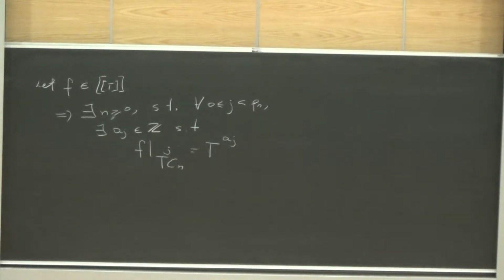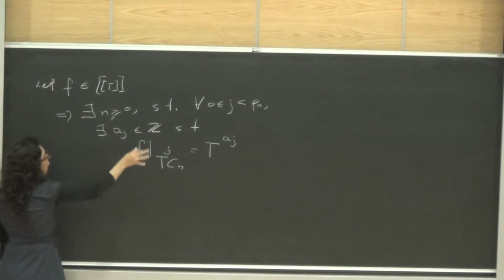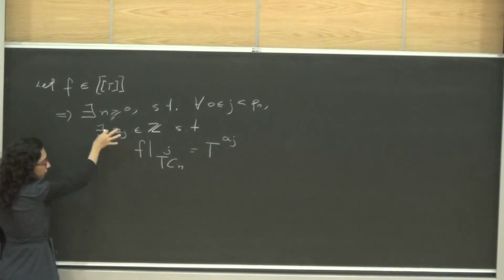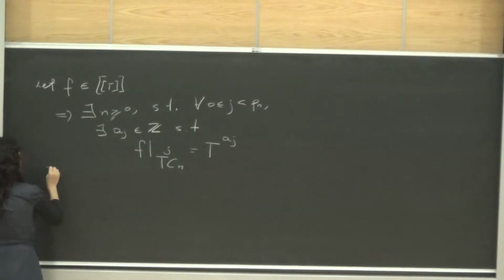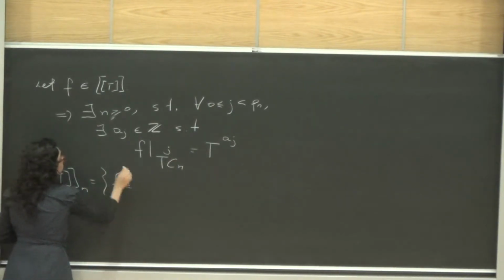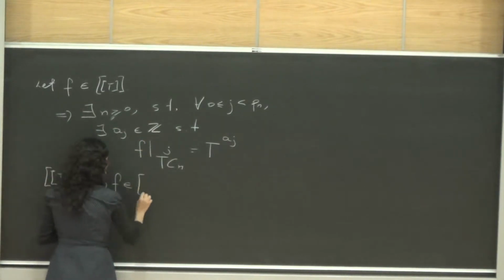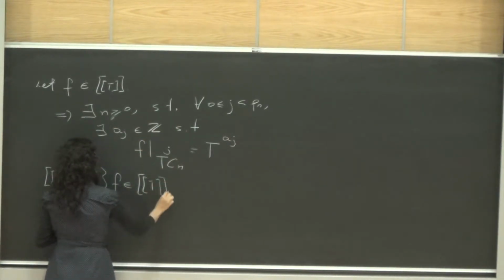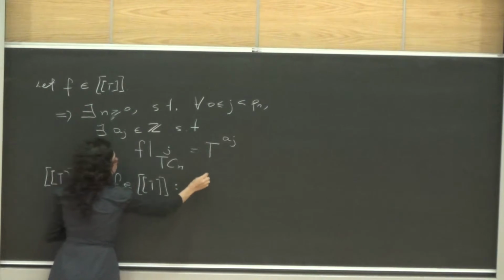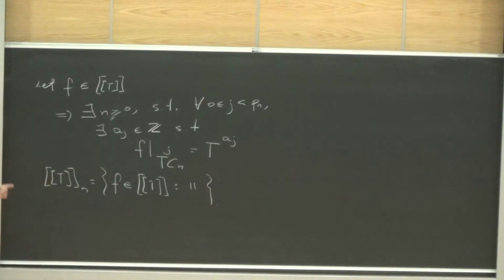So if we call Tn the elements of the full group that satisfy this property, these are the elements of the full group that verify this. We have that the topological full group will be the union of these.